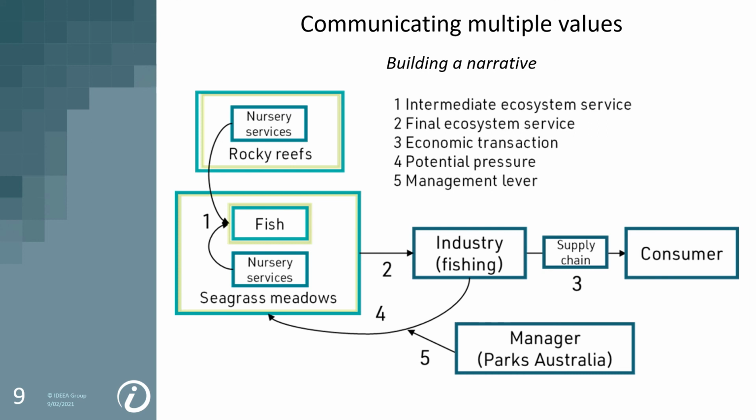And we can see here that there's a relationship between the manager, Parks Australia, the fishing industry, the consumer at the end of the day, and also between the two ecosystems on the left-hand side, where seagrass meadows provide intermediate services to rocky reefs and vice versa.